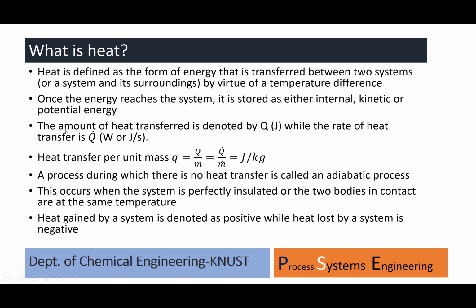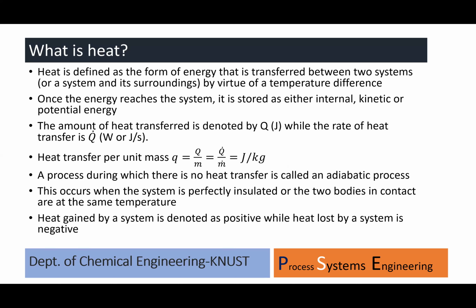So when we say heat, what we're talking about is the kind of energy that is transferred between two systems because of a temperature difference. Because of the fact that there's a temperature difference between the two systems, energy is going to be transferred across them, right? So once the energy gets into a system, it is stored as internal, kinetic or potential energy.